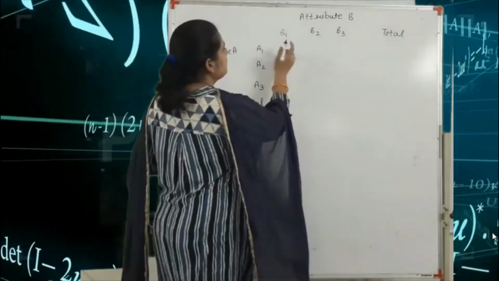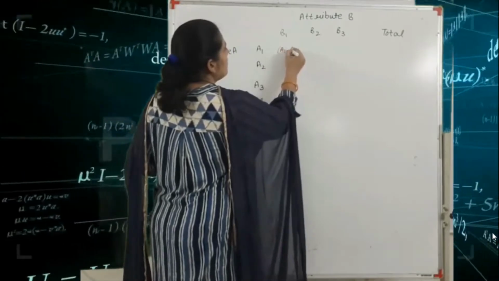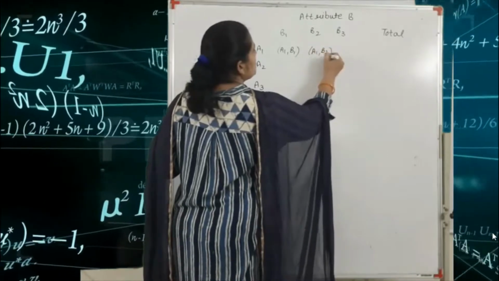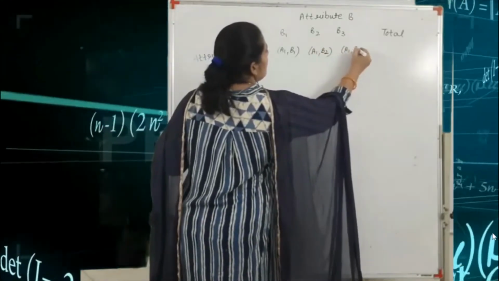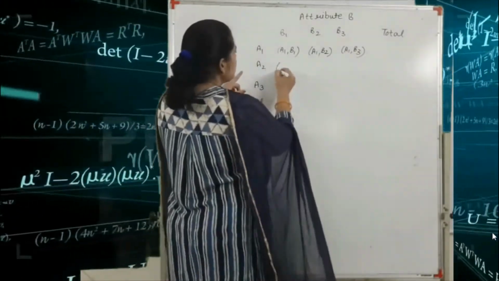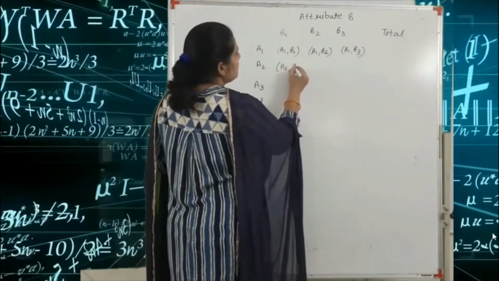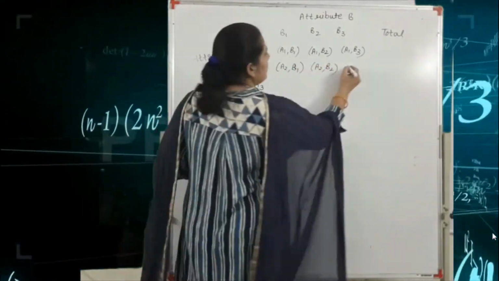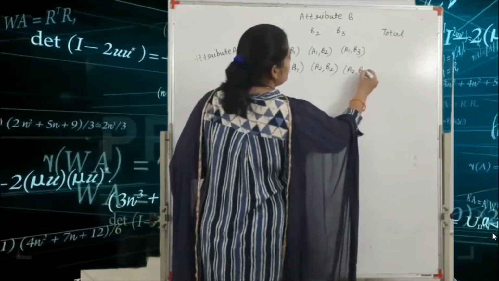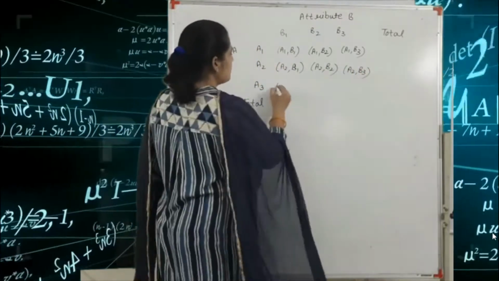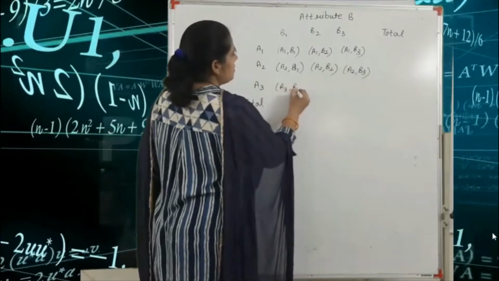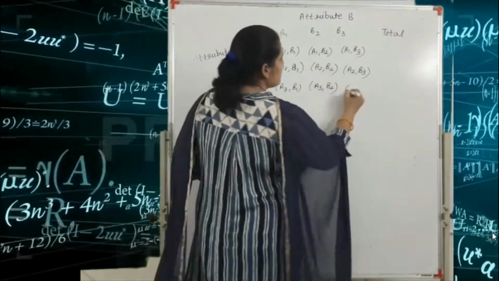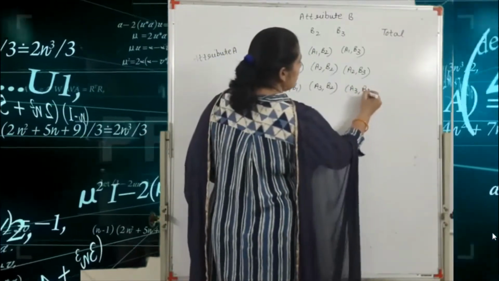This term is A1, B1; this is A1, B2; and this is A1, B3. The second combination is A2, B1, A2, B2, and the third is A2, B3. The next combinations are A3, B1, A3, B2, and the last one is A3, B3.